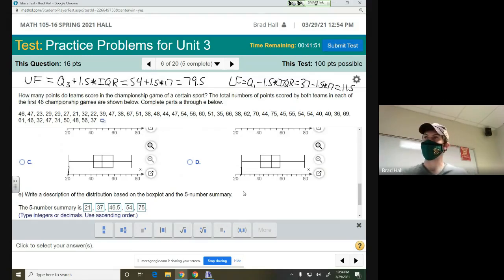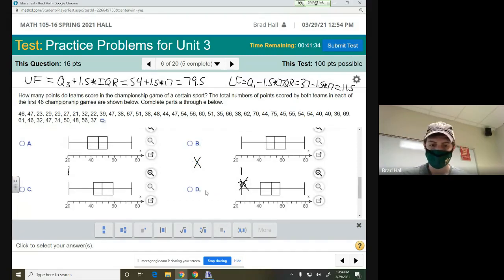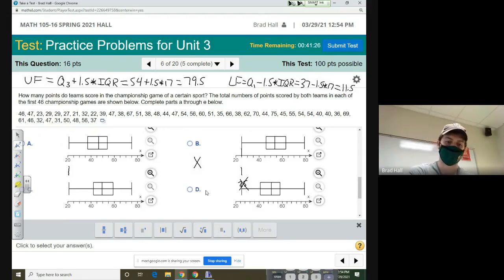So it seems to go by 4s. This would say that the minimum is 25, which is not true. We found it to be 21. So if anything, these are out. So what about the other two that are not being shown right now? Looks like answer choice B would also be ruled out because answer choice B says that the minimum would be about 25. So that leaves us to either A or C.